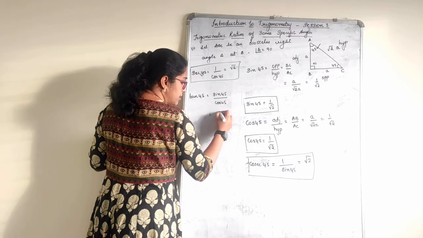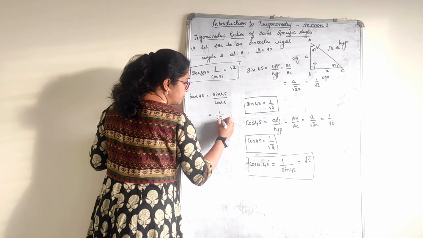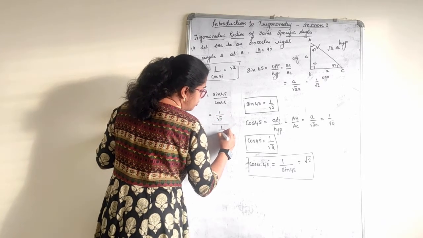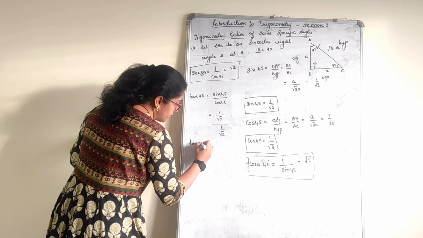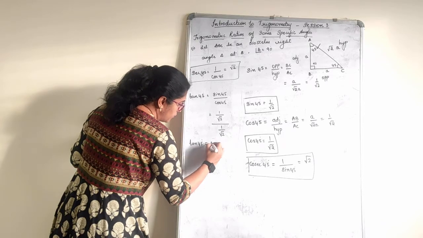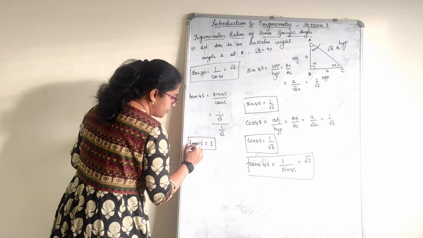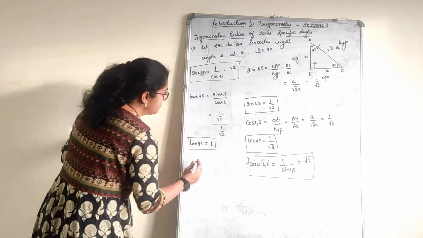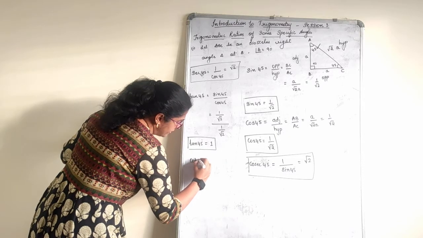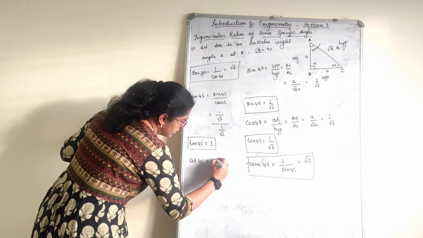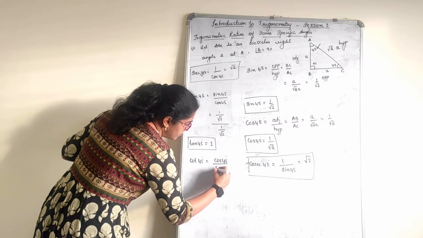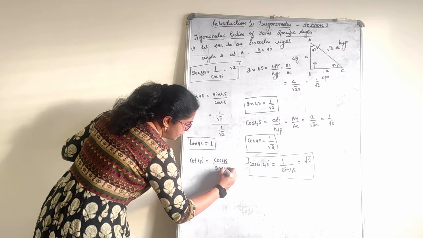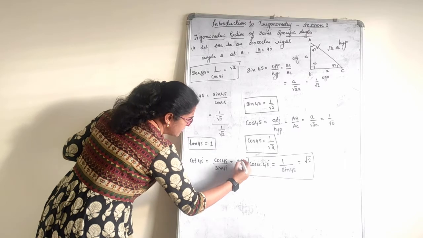So this is 1 upon root 2 whole divided by 1 upon root 2. So what is tan 45 degree? Tan 45 degree is equal to 1. Same as cot 45. Cot 45 degree is equal to cos 45 degree divided by sine 45 degree. Directly I'll write 1.